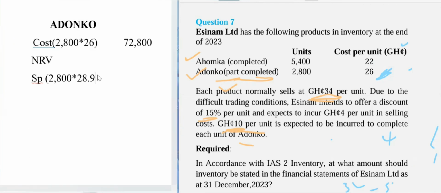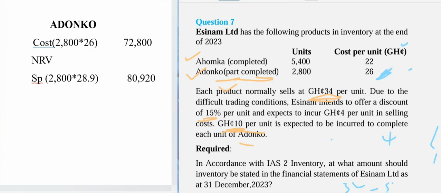Okay. So we have 28,000 by this, and then that gives us 80,920, if I'm right. So 80,920.